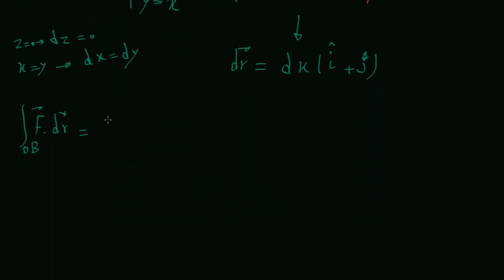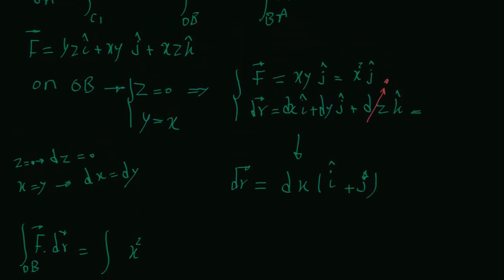So we have x squared in the j direction dotted with dx in the i plus dx in the j, and we are going from O to B. Here x is equal to 0, here x is equal to 1, because this whole integral depends on x right now.